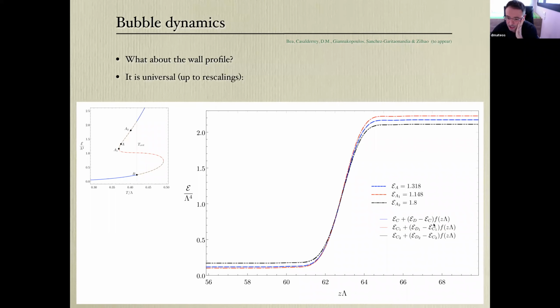Okay, so there's a universal function which depends on the theory only and not on the nucleation temperature, this F, such that by a simple rescaling and a shift, it describes perfectly well all these different profiles. This I find surprising. And it points to some sort of universality of the wall profile up to these simple rescalings. Universality meaning that that is a property of the theory, just like the interface between two phases.